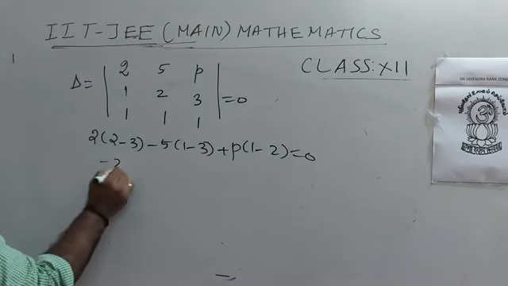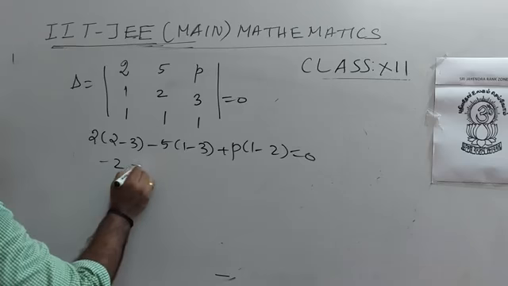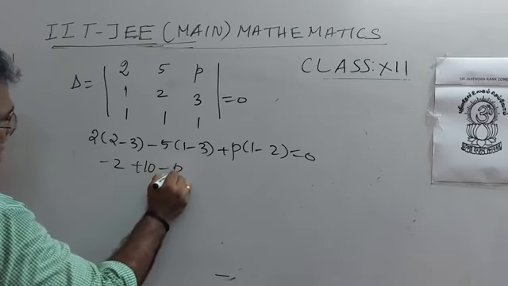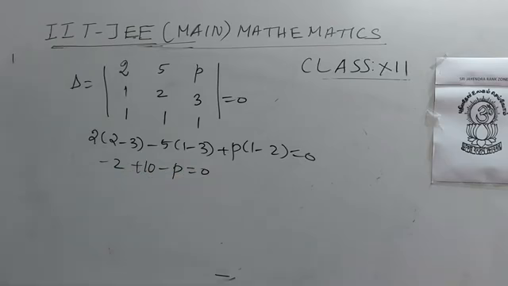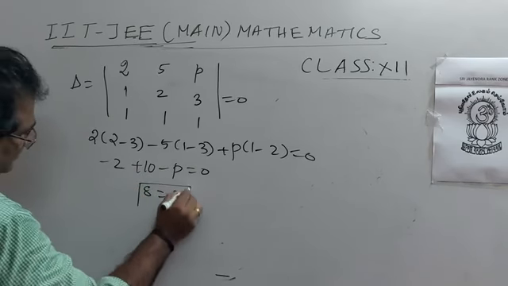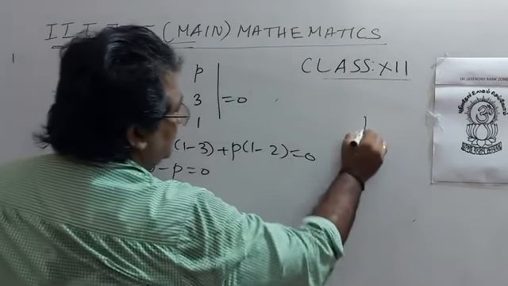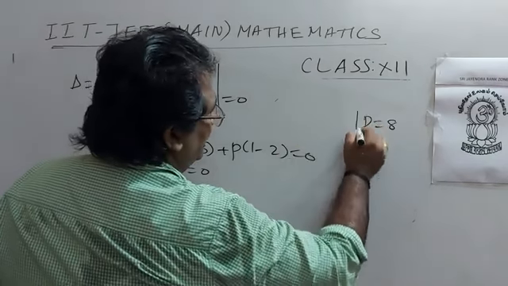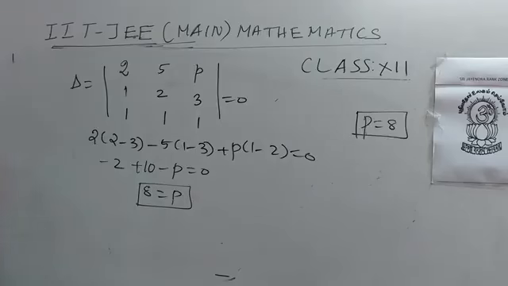Here we have minus 2 plus 10 minus p equals 0. 8 equals p. So p equals 8.